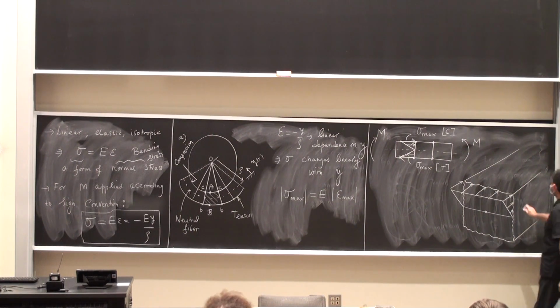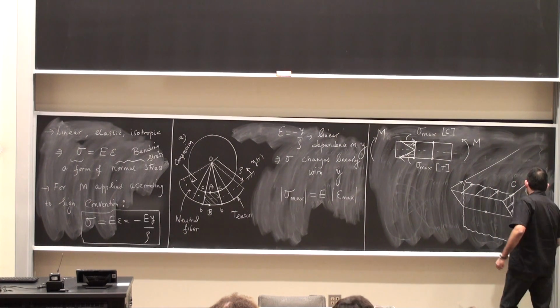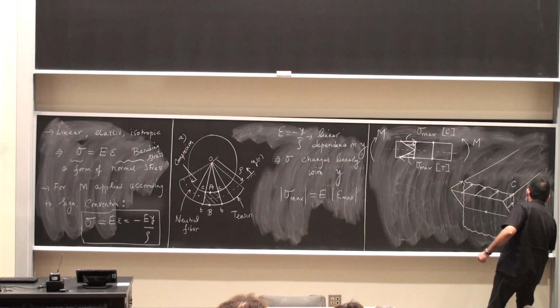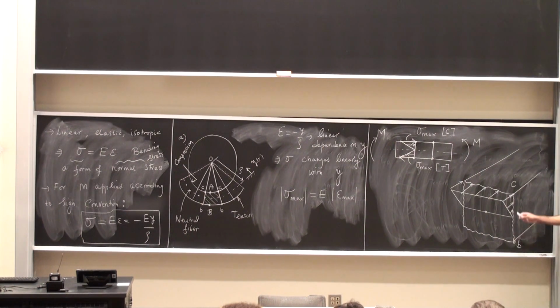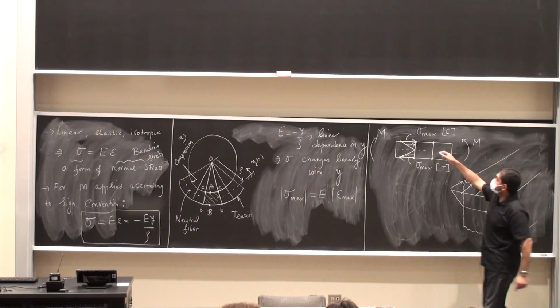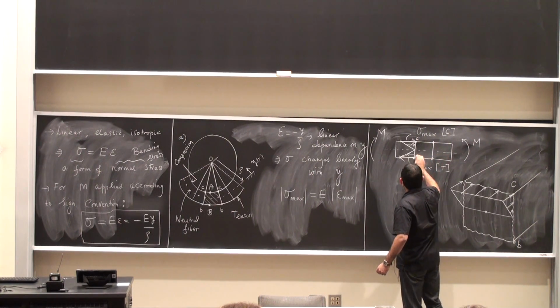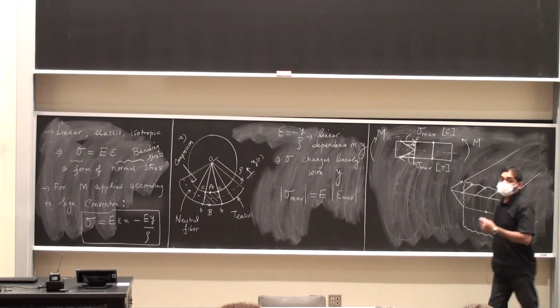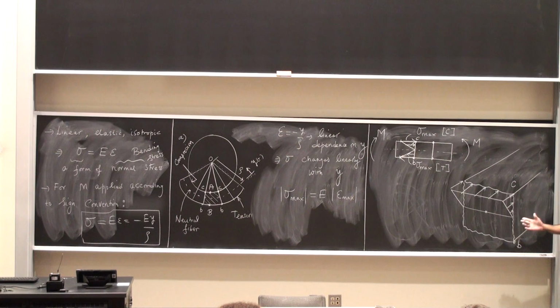So this was point C. This was B. Does this make sense to everybody? This was point C. That's the point C here. That's a point B there, which means that the stresses on the bottom portion are going to start increasing from a 0 value at the center line all the way to a maximum value at the bottom.